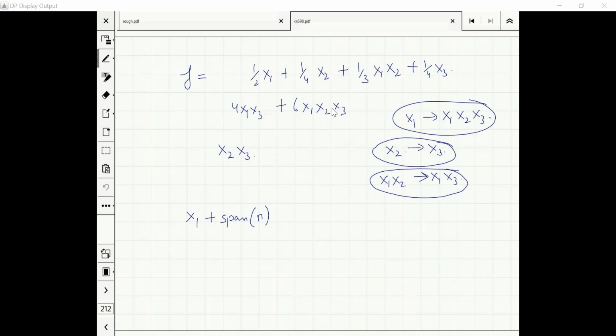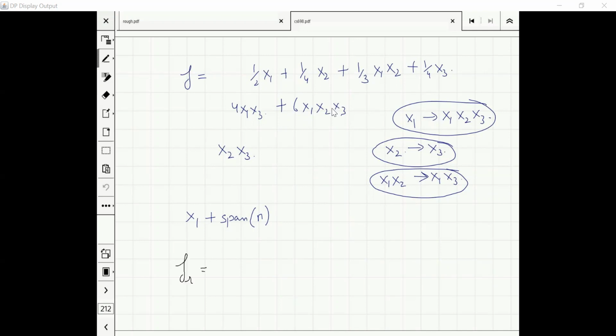Now you can keep the parity as x1, or you can keep the parity as x1, x2. That is up to you. Your coefficient will change slightly, but you can pick any representative of the equivalence class as the parity, which will have all the coefficients in the restricted.